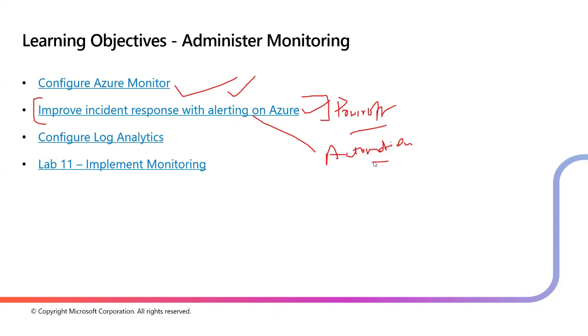But based on the alert, I want to bring automation, because I have to think another way: if someone powered off the machine, instead of just getting the alert, in the meantime I should go with automation and start the machine immediately. That we can do.